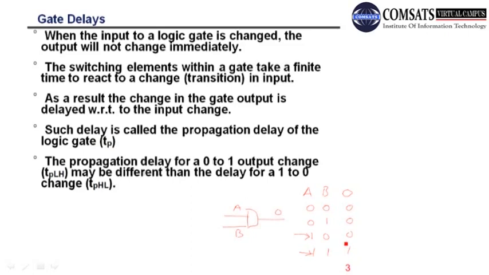The problem is that the switching element within the gate reacts after a delay of finite time. As a result, there is a delay in the propagation from input to output. If we have 1 1 over here, as a result of this we will have 1, and this has to be propagated to the output, but there is a delay.